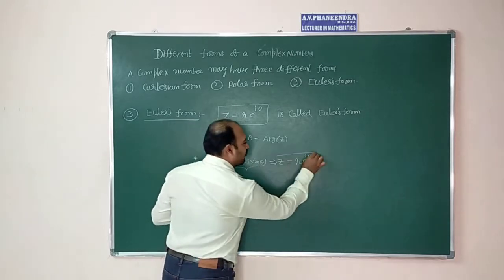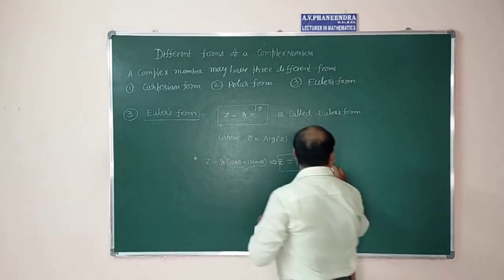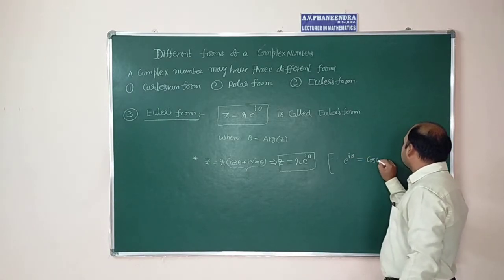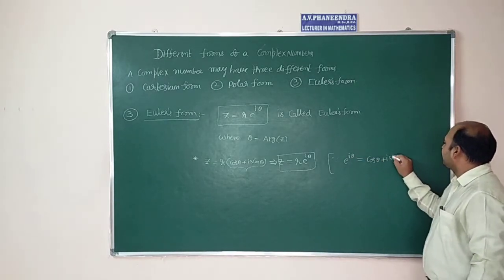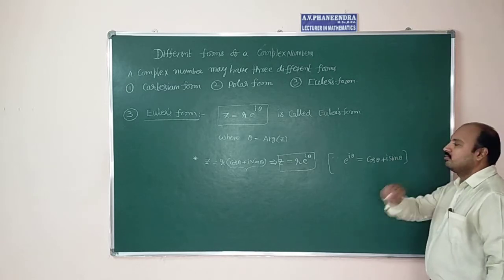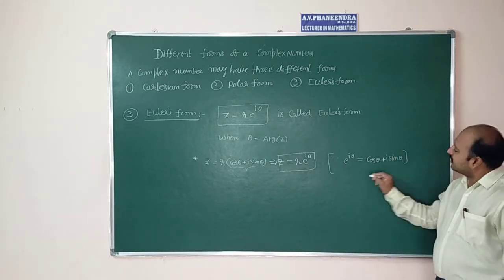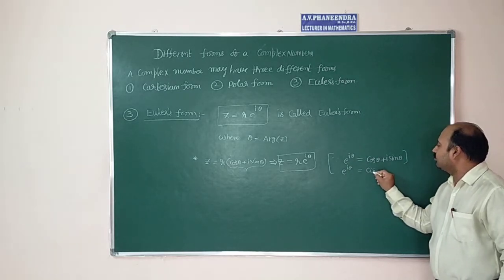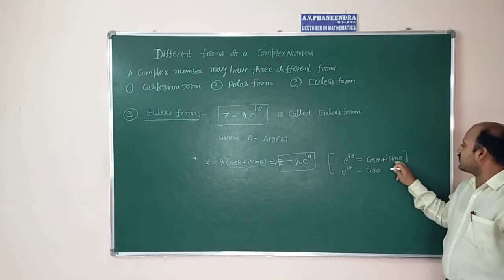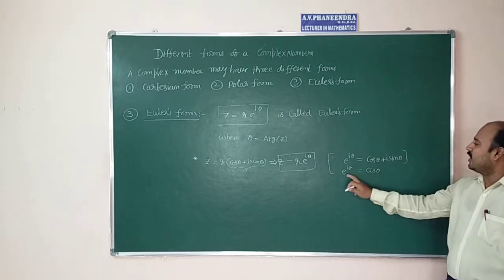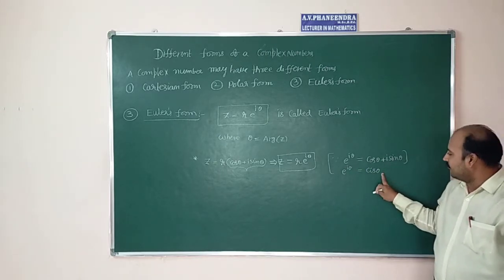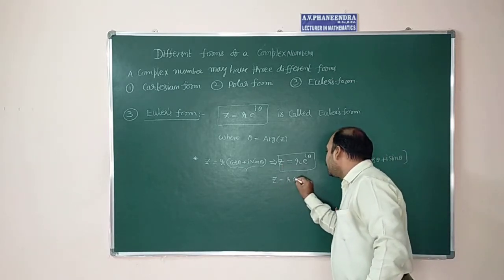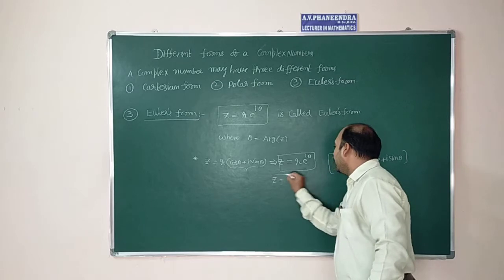That means e power i theta is equal to cos theta plus i sin theta. Cos theta plus i sin theta means cis theta. Therefore, e power i theta equal to cis theta. We can write z is equal to r into cis theta, even like this also we can write.